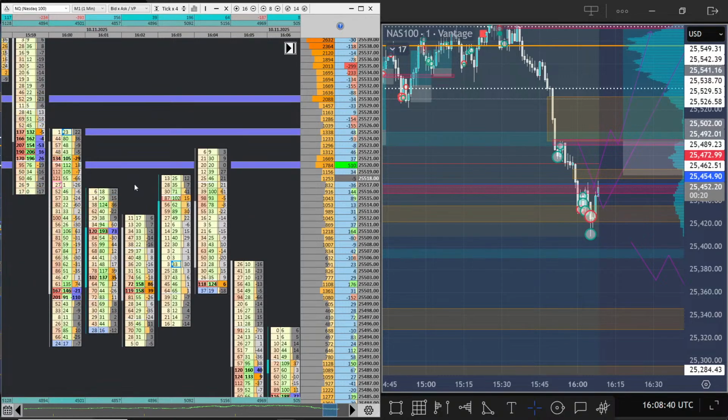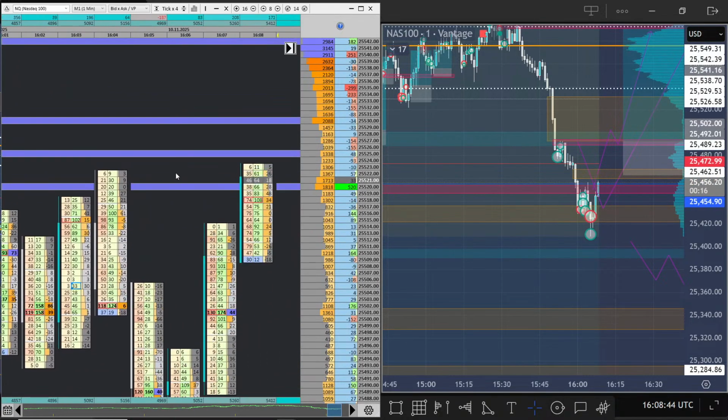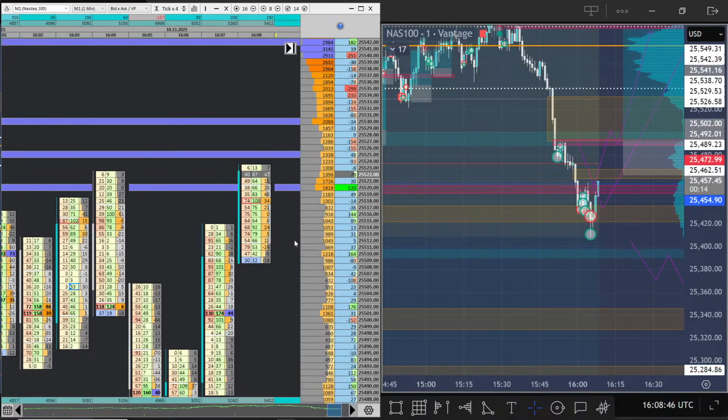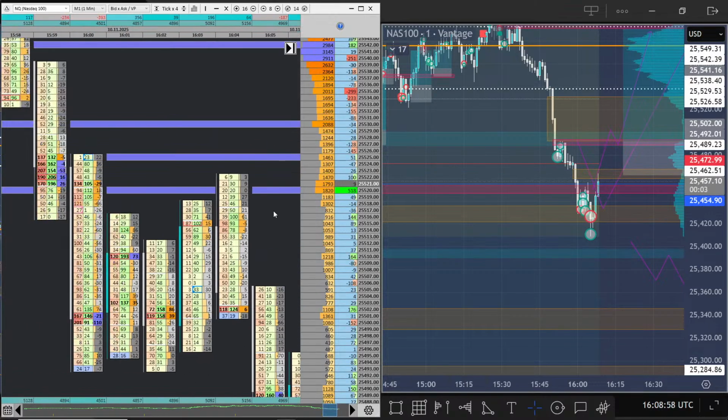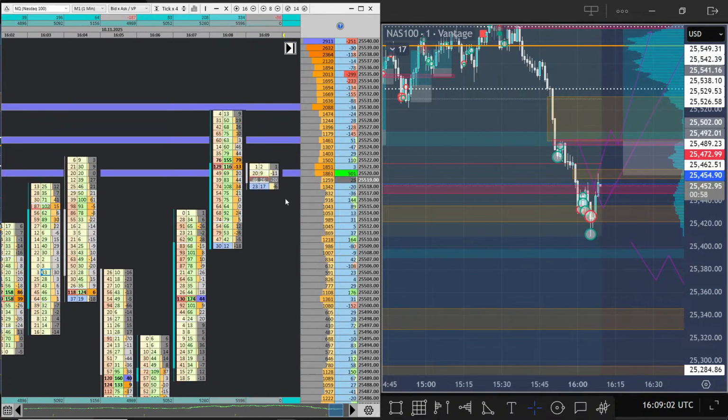I want to see this close through, because that's the wick. So if we surpass this wick, then I'm in on a buy limit there. Buy stop rather.